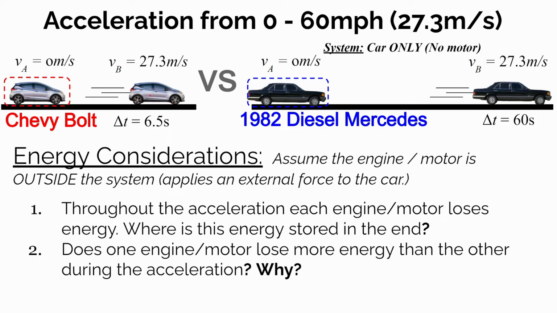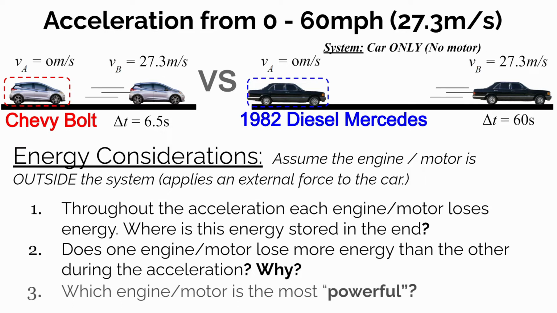And I know this is not quite true, but let's just assume for simplicity's sake that a Chevy Bolt and a 1982 diesel Mercedes have the same mass. That's not quite true, but let's just make that assumption. Well, if they have the same mass and they both reach the same speed, then both of these vehicles have the same amount of kinetic energy stored in the end, which means the motor or the engine transferred that amount of energy. They both transferred the same amount of energy because there's the same amount of energy stored in the end.